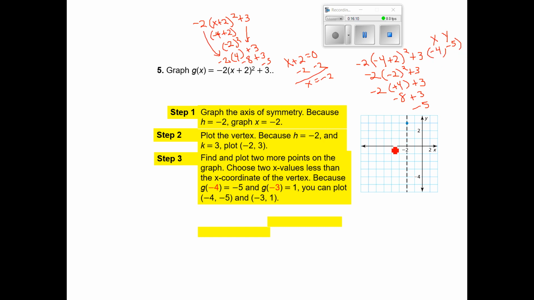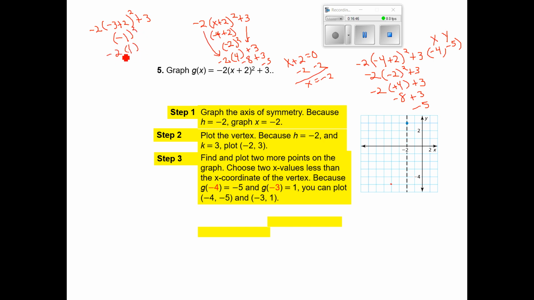Let's see, negative 4 and then negative 5 will be about right there. And then we can also pop in negative 3. If I did the same thing, I'll work it over here: negative 2 times (negative 3 plus 2) squared plus 3. Negative 3 plus 2 is negative 1, and negative 1 squared is 1.